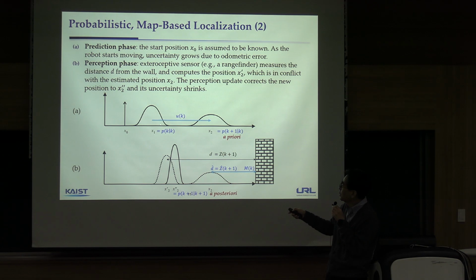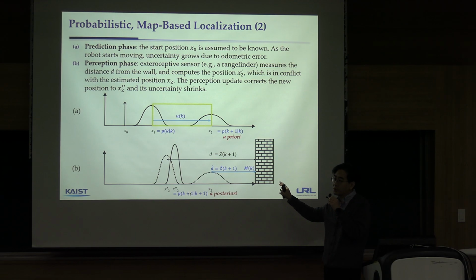Some kind of uncertainty here, but if it travels like here, because we can measure the u k, the control input, that means we can obtain this information from the wheel encoders, then the robot will be in x2. This is p k plus 1 bar k.